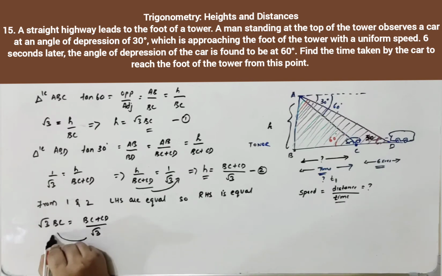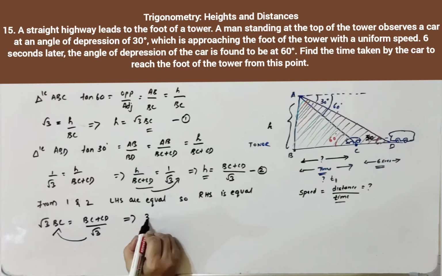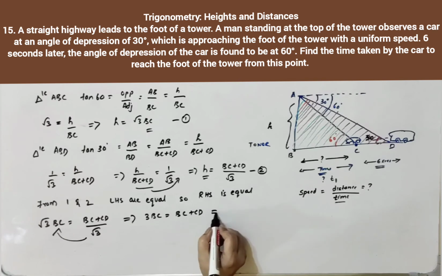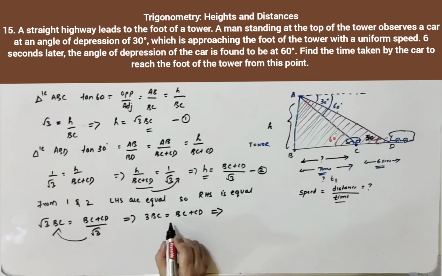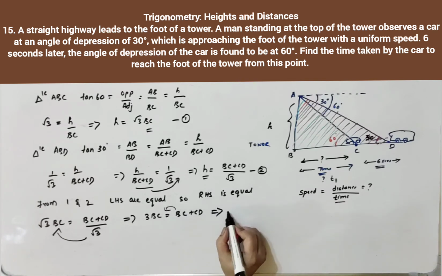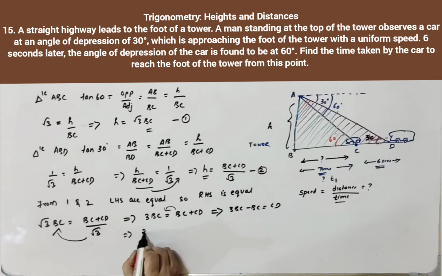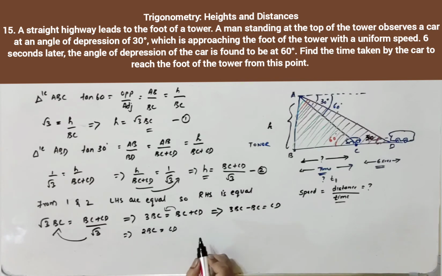So we'll take root 3 here. It's going to become root 3 into root 3, which is 3 BC is equal to BC plus CD. If you simplify this, you take BC this side. So it's going to be 3 BC minus BC is equal to CD, which is nothing but 2 BC is CD. Let's call this equation 3.